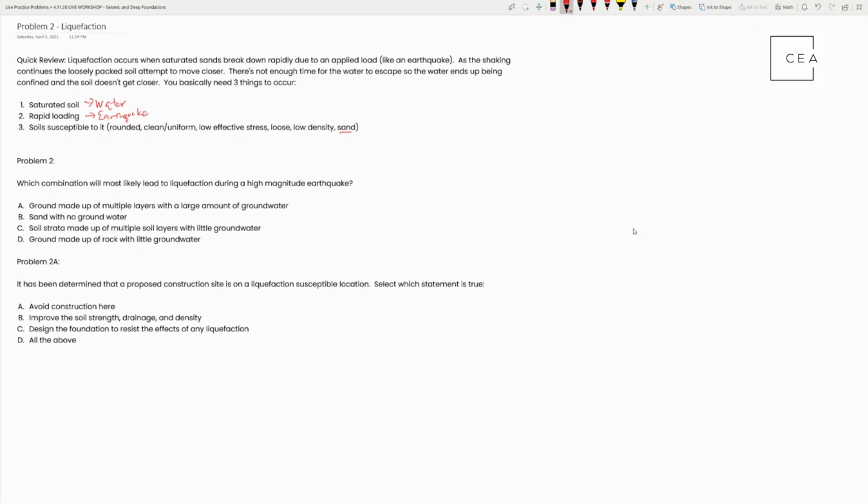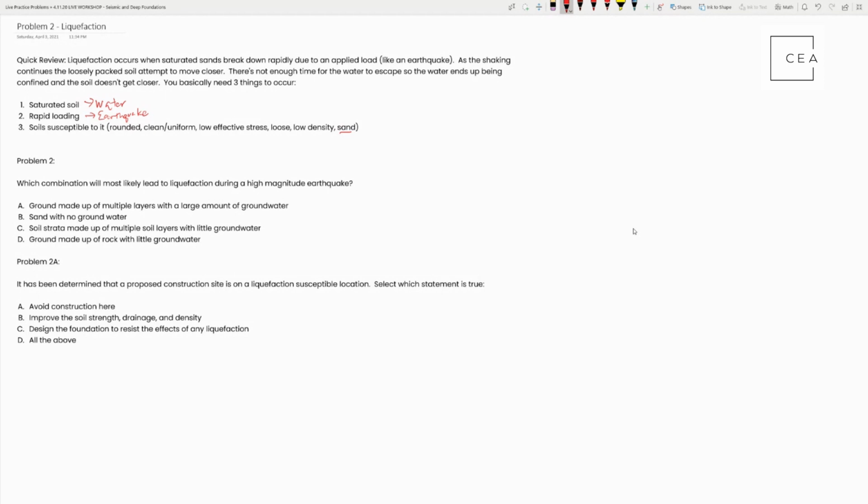So problem 2, I wrote here, which combination will most likely lead to liquefaction during a high magnitude earthquake? So giving that quick little review, we got to use some engineering judgment here. And if you're in the audience, you can participate if you would like. So let's look at it.